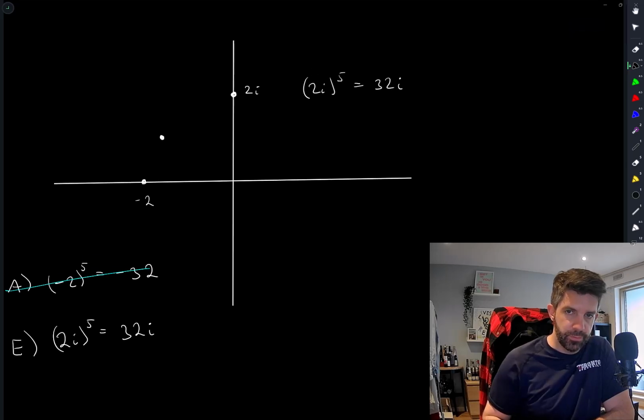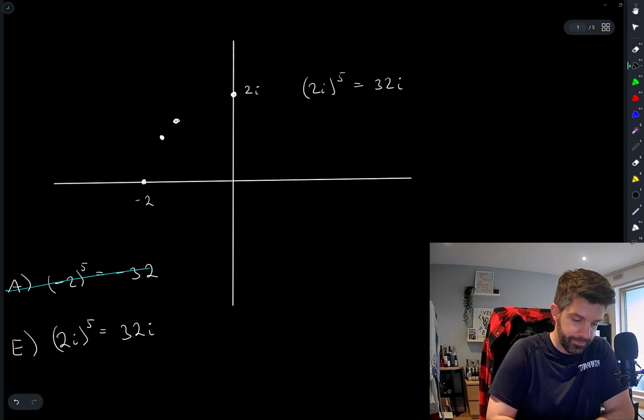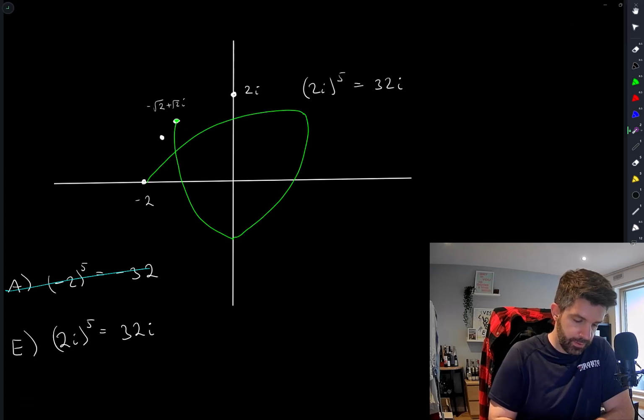-√2 plus √2i. So -√2 plus √2i is about here, and it's on a 45-degree angle, so I should be able to figure out where that one ends up pretty nicely. Okay, so 1, 2, 3, 4, 5.